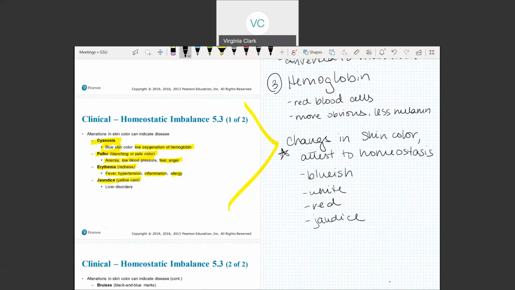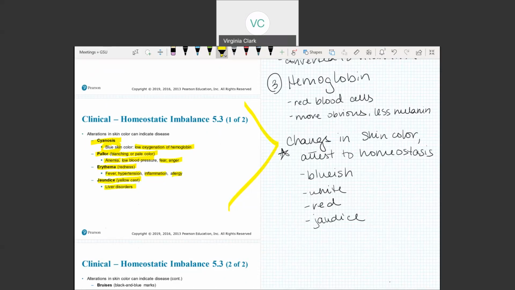Jaundice is usually indicated with the liver. So if you've ever had someone who gave birth to a baby and they had to put them under the glow lights after birth, it's usually to impact this liver condition or liver concern, and it was discovered because there was a yellow cast to either the skin or the eyes of the infant.